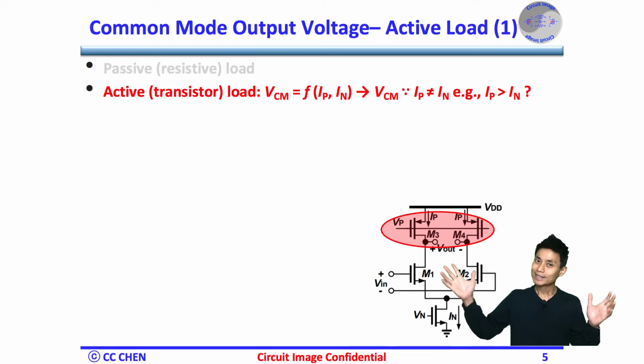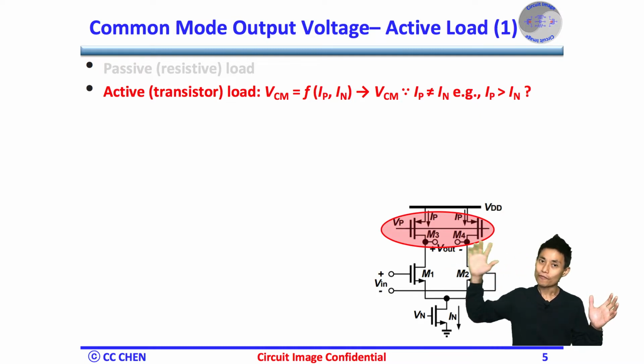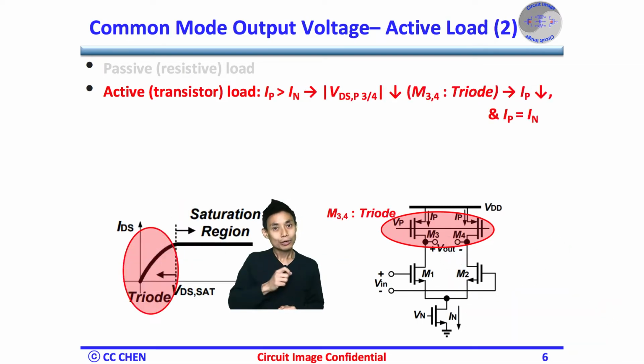Do you know why? Think about the transistor's DC IV images for 5 seconds. Bingo! As you can see, ideally, the current will be constant in the saturation region, and the only way of varying or decreasing the current is to reduce the VDS and push the transistor into the triode region.